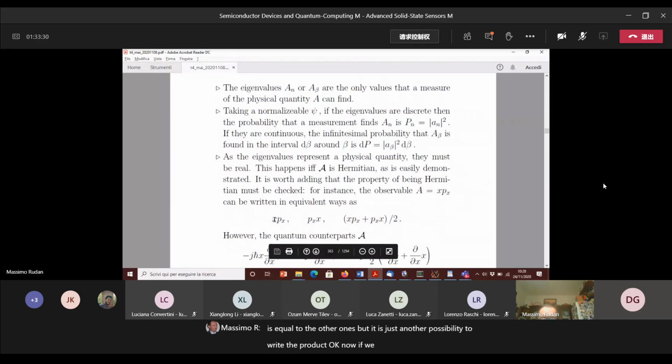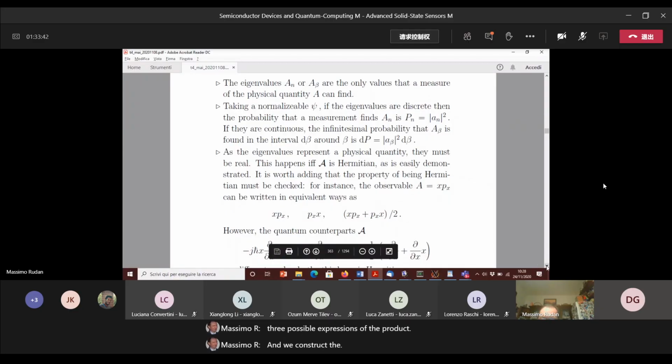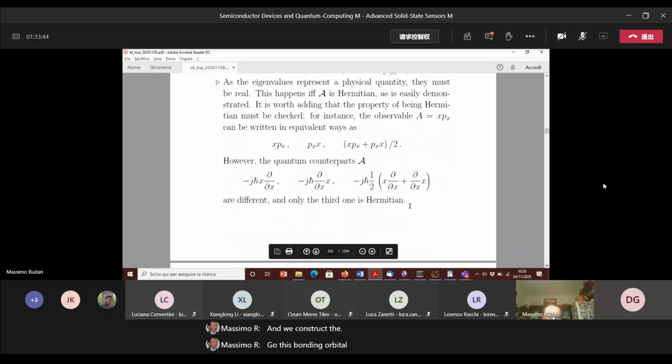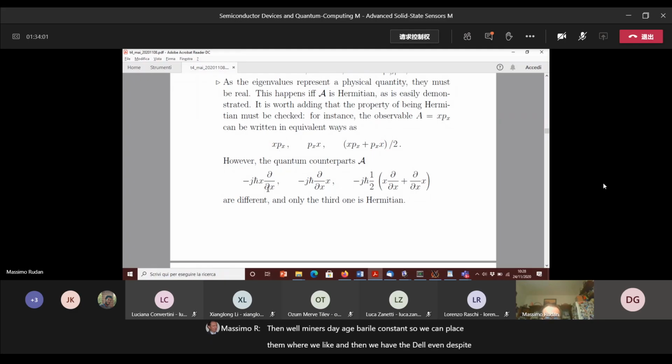Now, if we start from any of these three possible expressions of the product, and we construct the corresponding operator, in the first case, we have x on the left, then minus j h bar are constants, so we can place them where we like. And then we have the derivative with respect to x, that is the momentum operator.